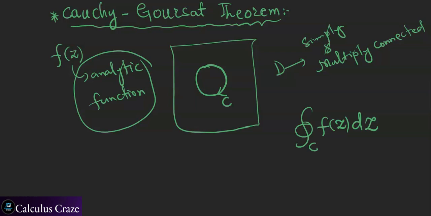So before we get into the statement of the theorem, I would love to define some of the terminologies, and the first natural terminology that we need to define is the analyticity of a function. So let's see what we mean by an analytic function. Let's define an analytic function at a point z.